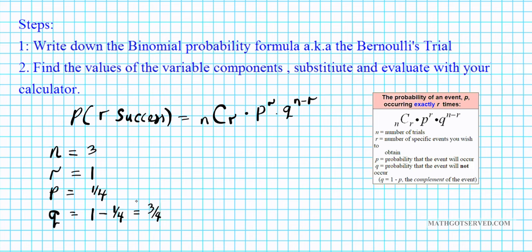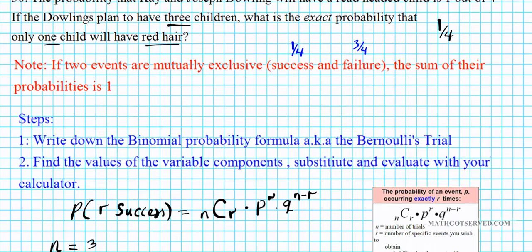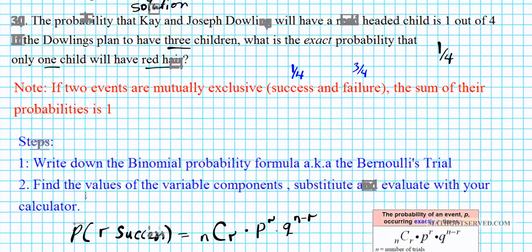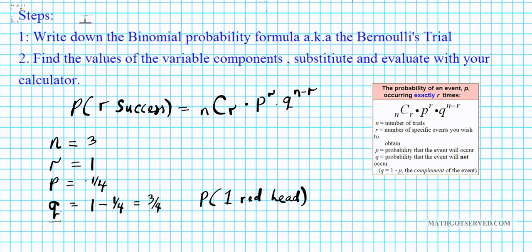Okay, now when you do all this, you breathe a sigh of relief and you just plug this into your calculator and you will be good. Okay, so probability of 1 red hair, a redhead. Make sure that's what it's called. You call it red hair, redhead, same thing.